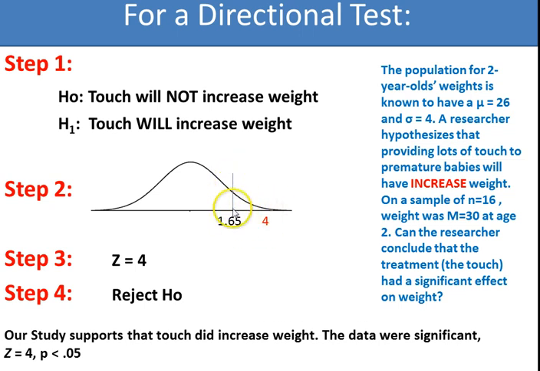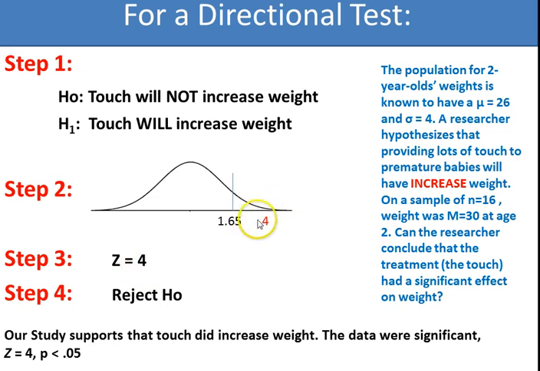So the z-score that cuts off that 5% of the distribution is 1.65. If we did the math, we would get a z mathematical outcome of 4, and notice that the 4 does fall inside the critical region.